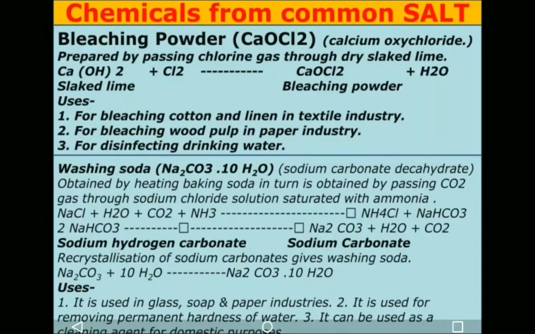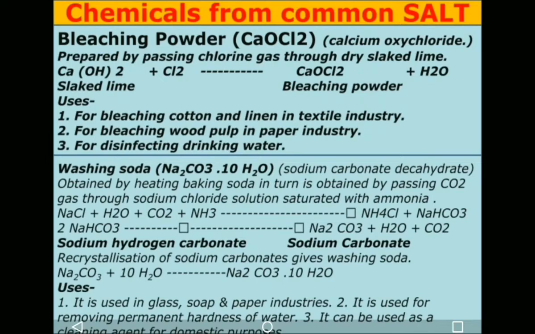Now we will see the preparation of bleaching powder. Bleaching powder is prepared by passing chlorine gas over dry slaked lime, meaning calcium hydroxide, which should be dry.